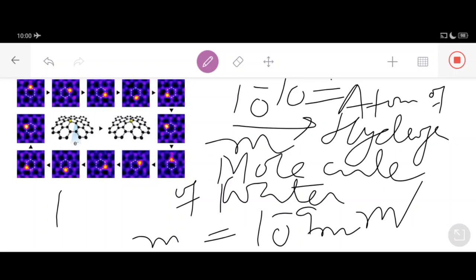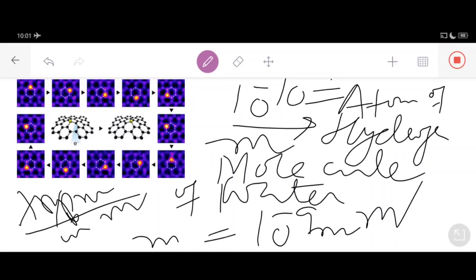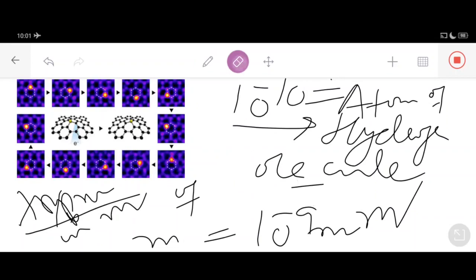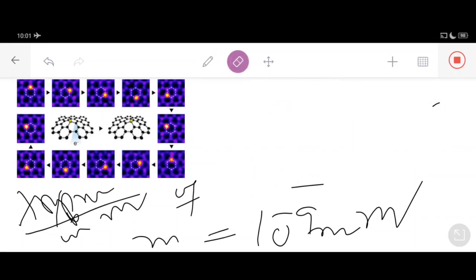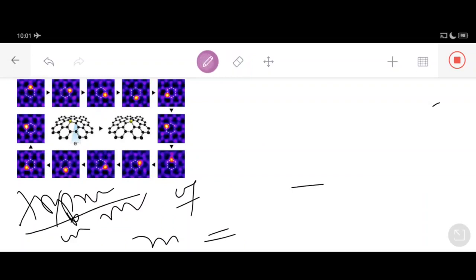We are approximately calculating the atomic radius in meters. And the molecule of hemoglobin has an atomic radius of 10 raised power minus 8 meter, my dear students.